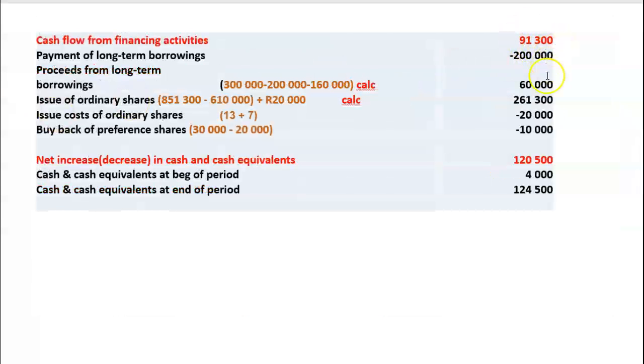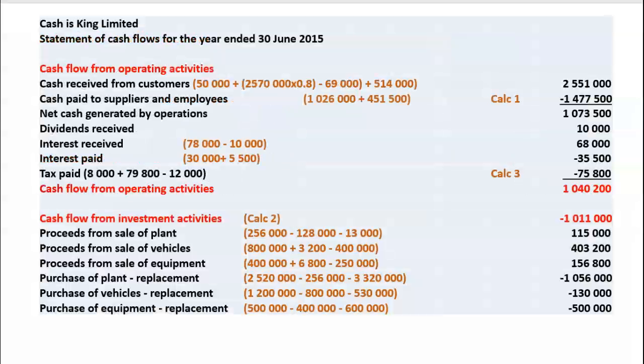Only 91,000, and we've used our previous cash resources of 120,000. So roughly speaking, there was 200,000 that came out of excess funds that we had available in order to fund this. So we've used around about 800 to 840,000 rand from our operating activity surplus cash in order to fund our investment activities.